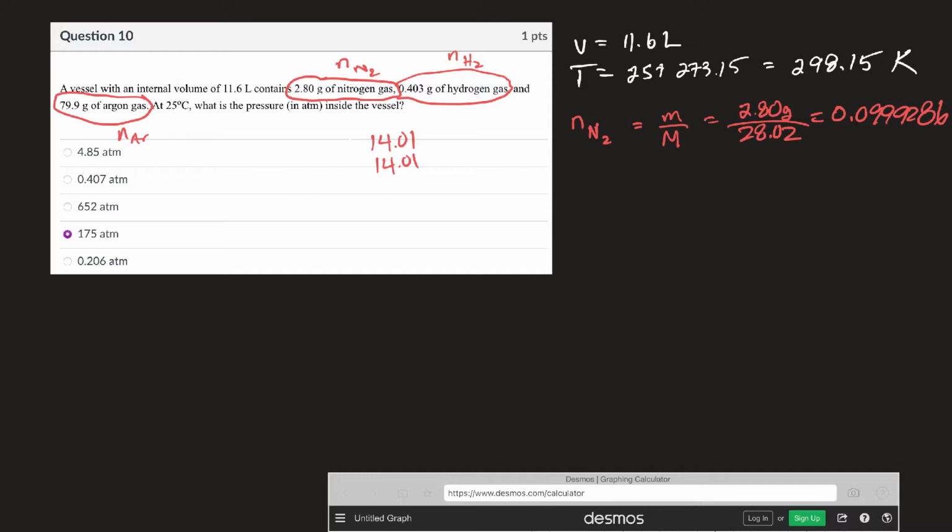Let's now do moles of hydrogen. Mass over molar mass. The mass, they say, is 0.403 grams, and the molar mass of hydrogen is 1.01. Since it's diatomic, this will be 2.02.